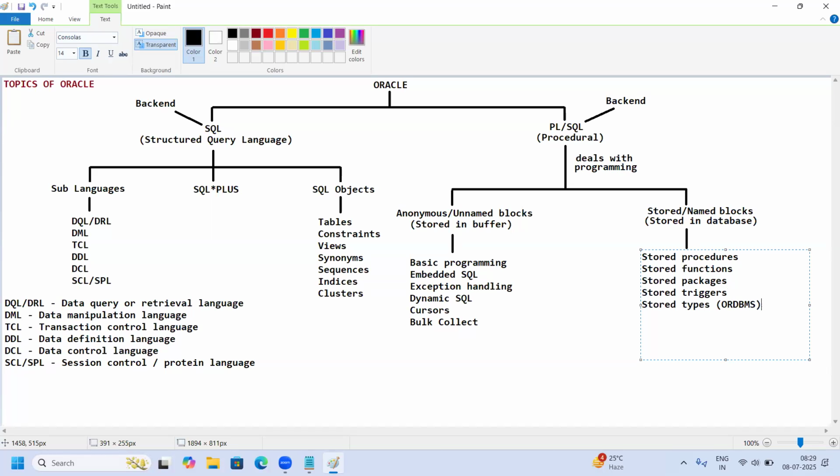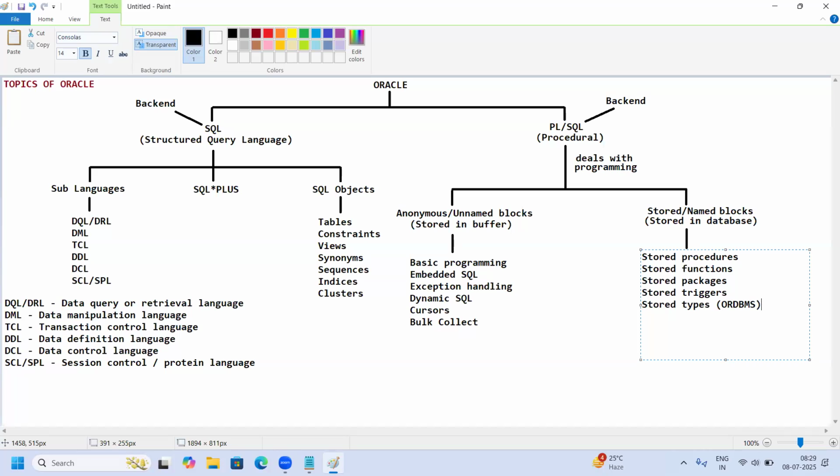For this ORDBMS, we learn how to create a class and how to create an object. Then we learn what data hiding, data abstraction, and data encapsulation are.